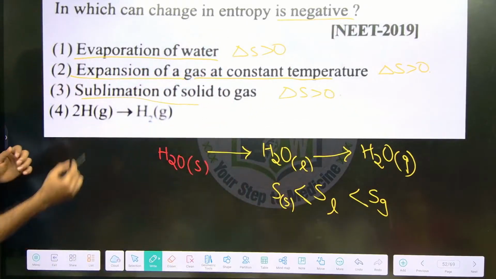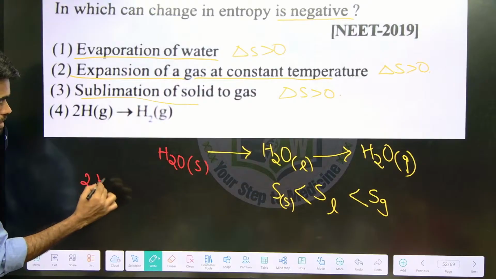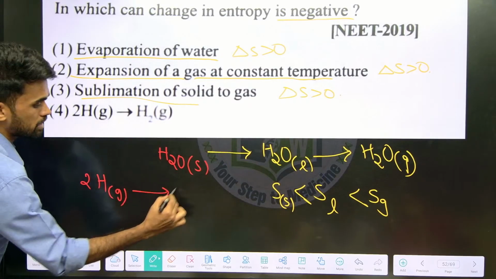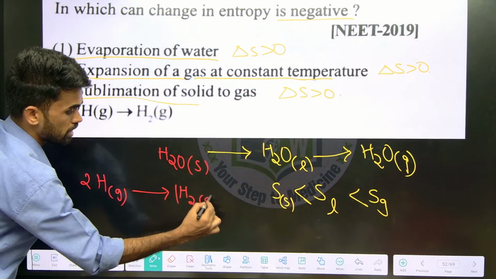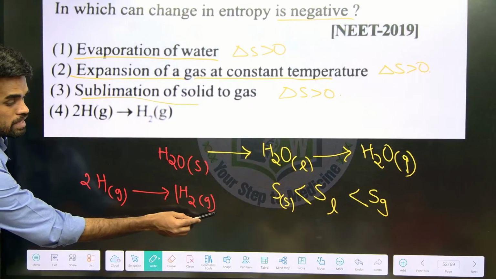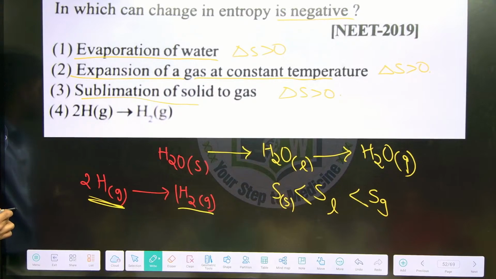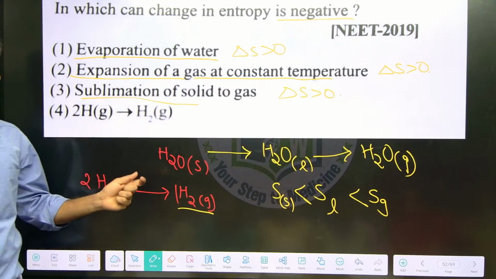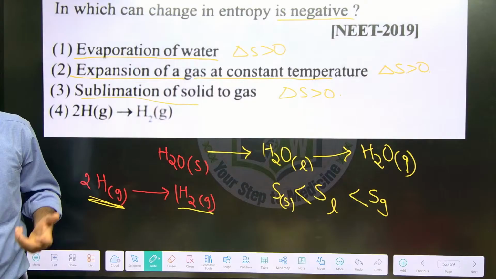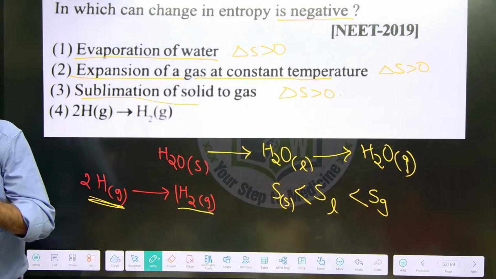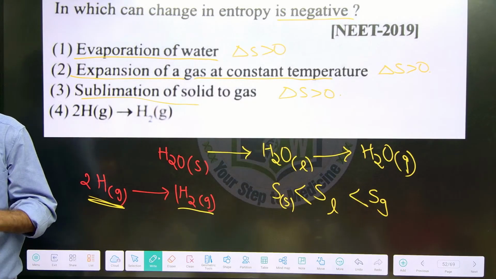Now see here, during this reaction 2H gas particles are converting into H2. This is also gas. How many moles of gaseous products are there? How many moles of gaseous reactants are there? So is the number increasing or decreasing? Gaseous particles are decreasing now, so entropy also?